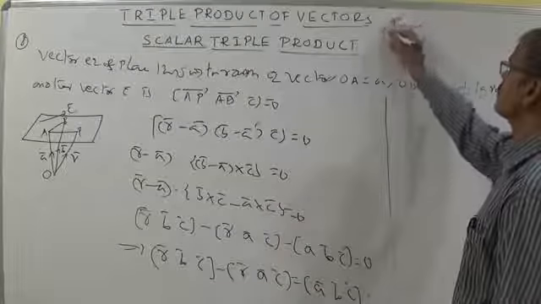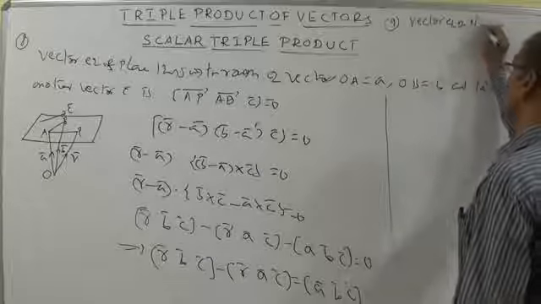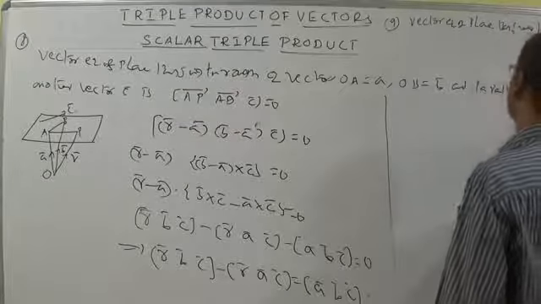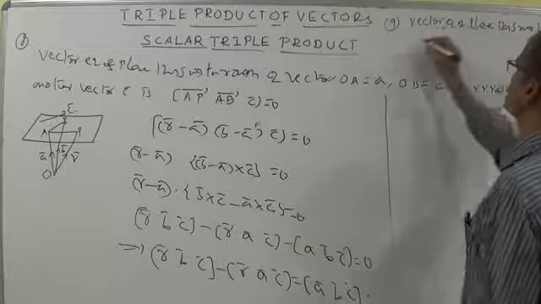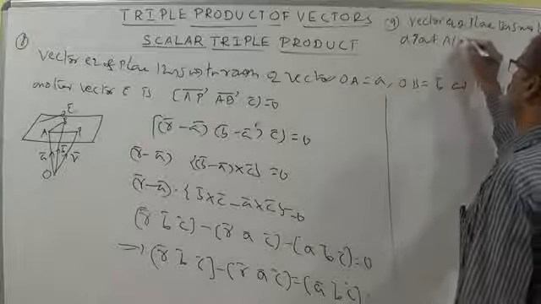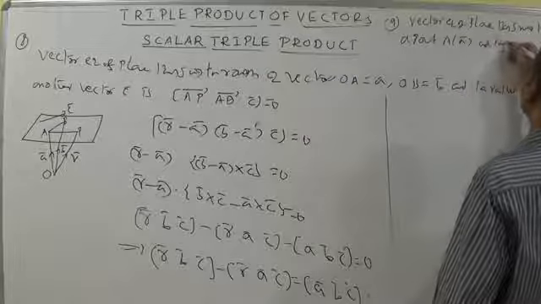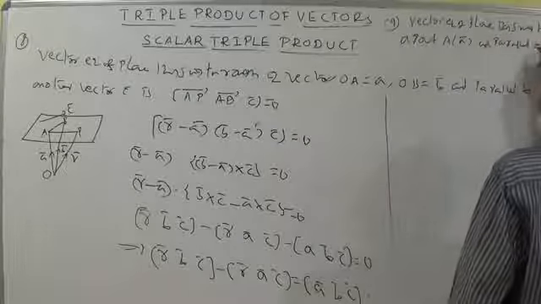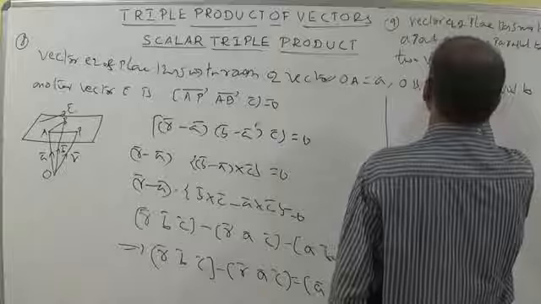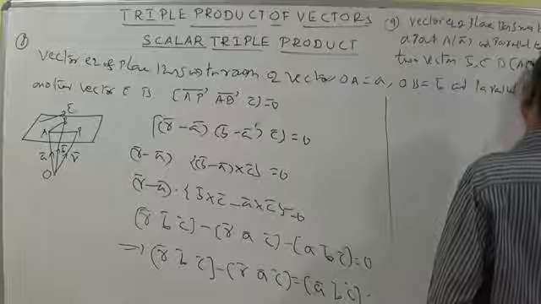Now, let us discuss the ninth formula, a vector equation. Vector equation of plane passing through a point, simply a point, capital A bar, and parallel to two vectors B bar, C bar is box AP BC.